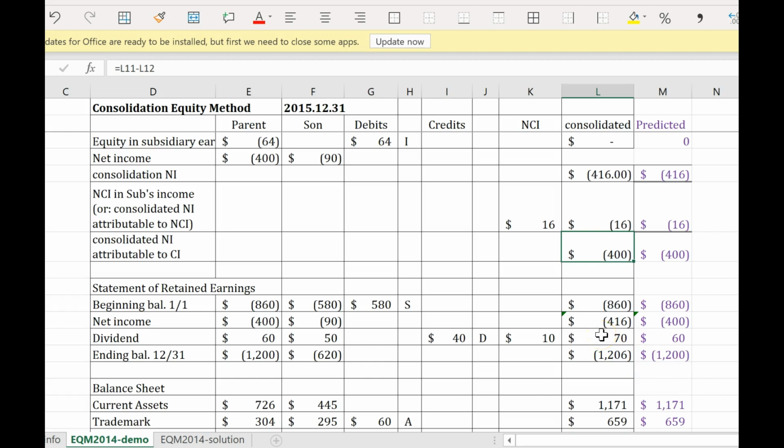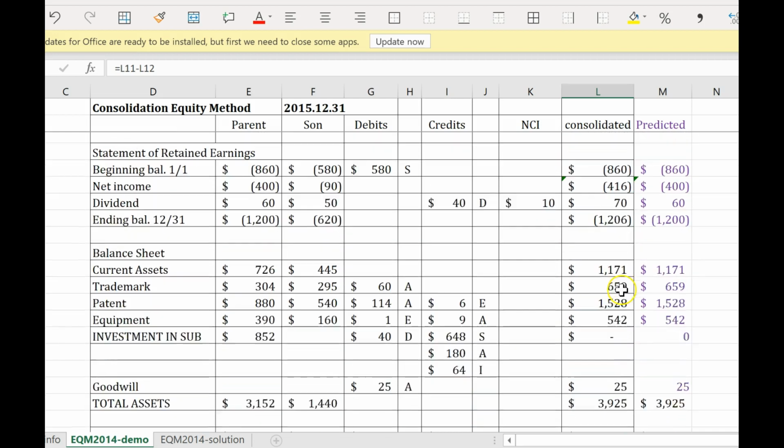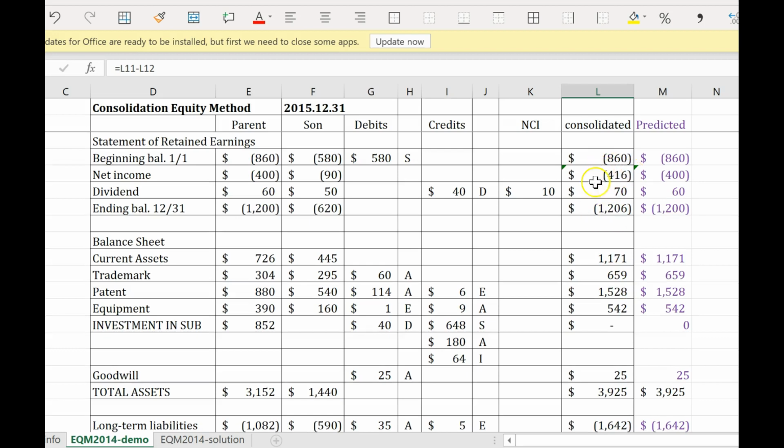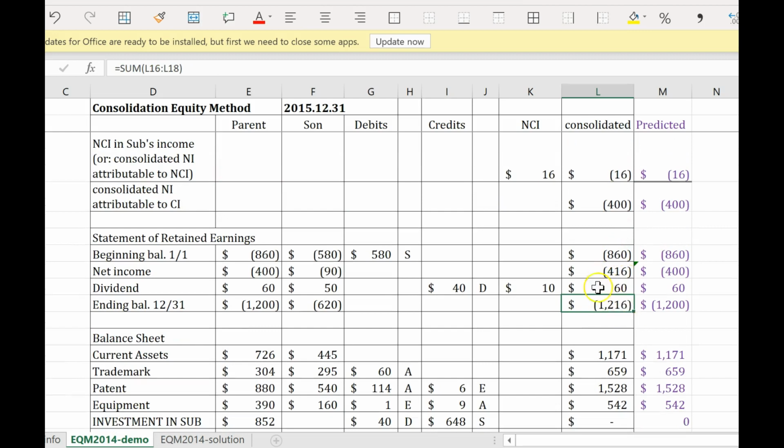attributable to CI. And then my retained earnings statement basically shows the parent's number after I adjust it. Now look at this number. I didn't copy this number from here. You can see the formula.